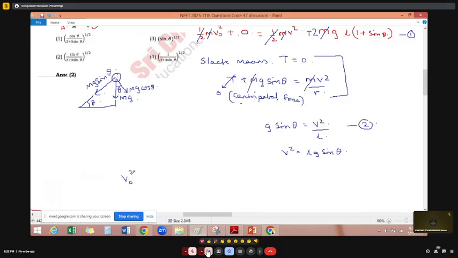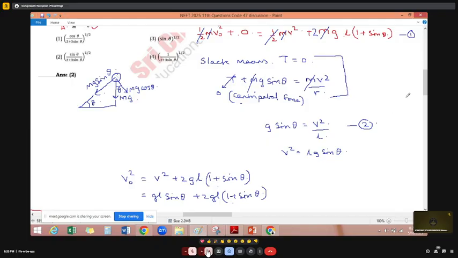V naught square is equal to V square plus 2GL(1 plus sine theta). V square is GL sine theta plus 2GL(1 plus sine theta). Any quick answers?